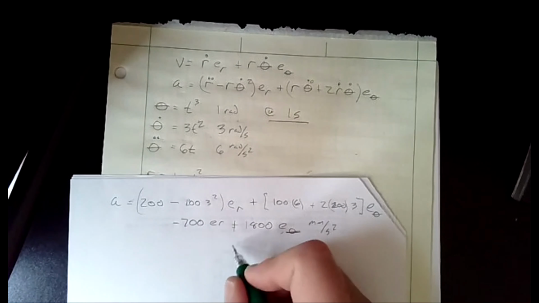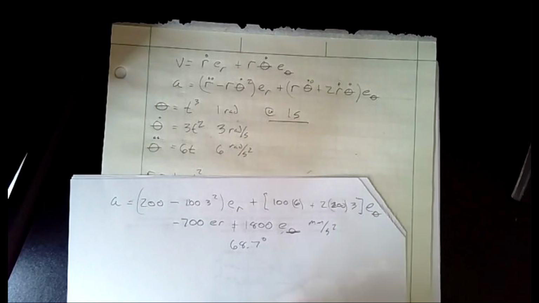So if we take our angle, we get about 68.7 degrees. And so if we show this again, same way, when we draw it, so here's where I worked it out, put in our numbers, we got that plus that gives me this.